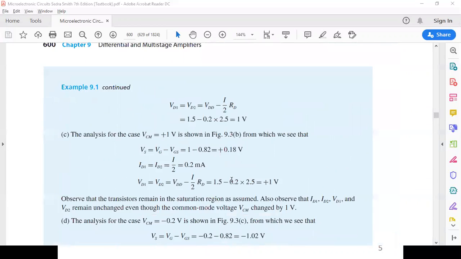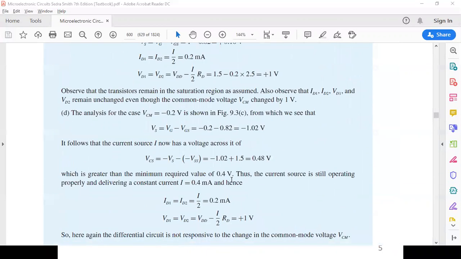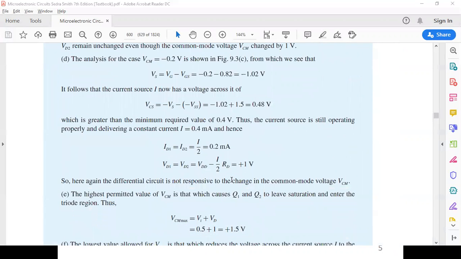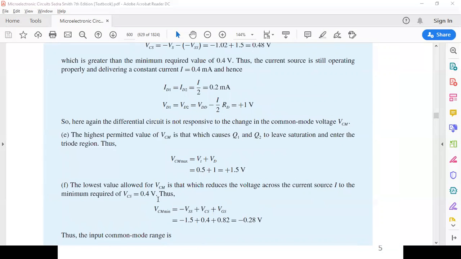Okay, and here's the analysis. Everything is done. Okay, let's go to part E. What's the highest value permitted for the VCM in this transistor?